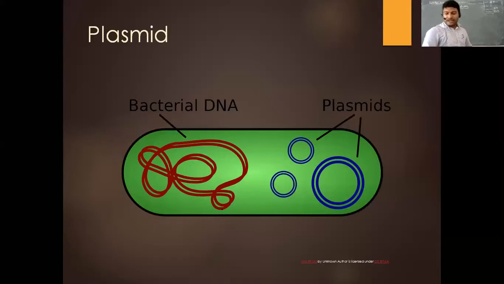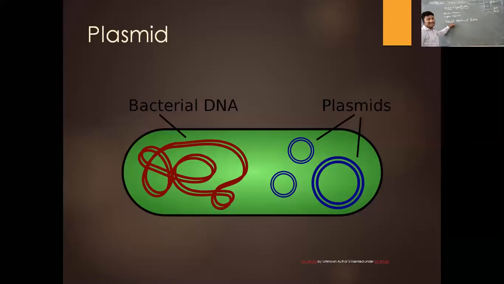Now, what about the plasmid? As I said, plasmid is extra chromosomal circular DNA. We have the bacterial DNA, as you can see on the screen. Along with this, these plasmids are going to be present, and as you have already learned, the plasmid is going to provide certain additional features or characters that are going to help the organism in certain ways to survive or adapt to that particular situation.